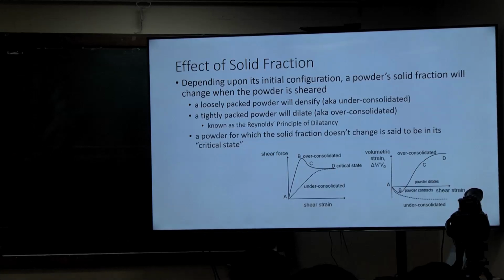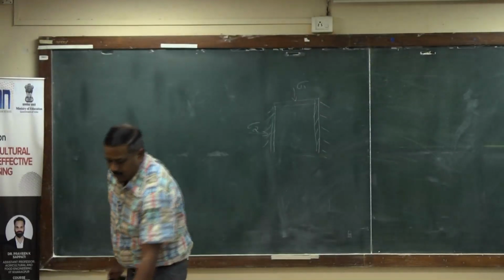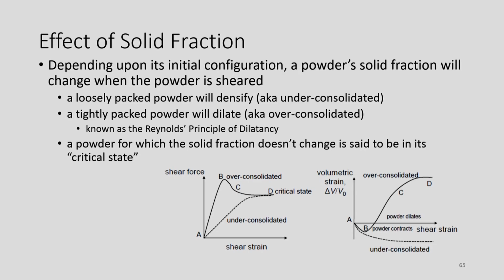Okay. So again, solid fraction. We talked about solid fraction yesterday, right? Solid fraction is the amount of solids present within the sample you take. Depending on the solid fraction, this behavior might change, at least at the initial points of compaction.